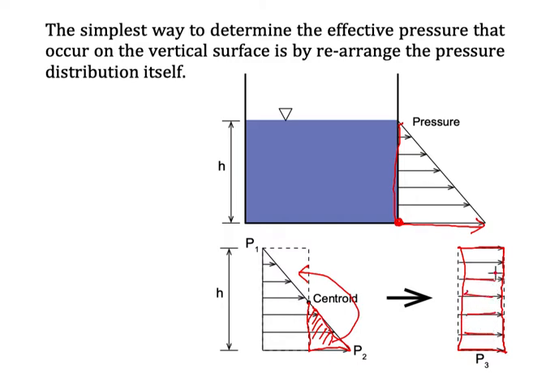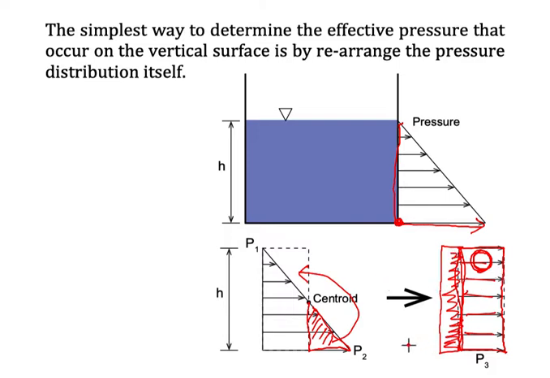This will ease our calculation of force, because all pressure that acts on this point is constant. So we just take one pressure here, multiply it with the area, and then we get the force.